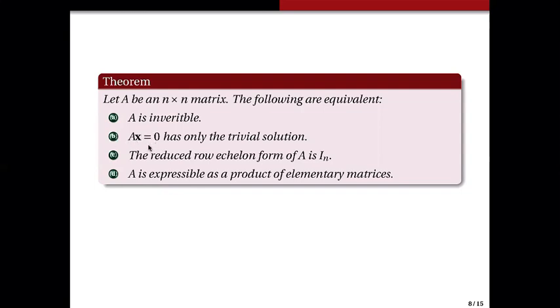If you have a homogeneous linear system with a square matrix of coefficients, just like this, and say this equation has at least two solutions. Of course, one of them will be the trivial solution, but if you found non-trivial solutions to this equation here, then your A is not invertible.